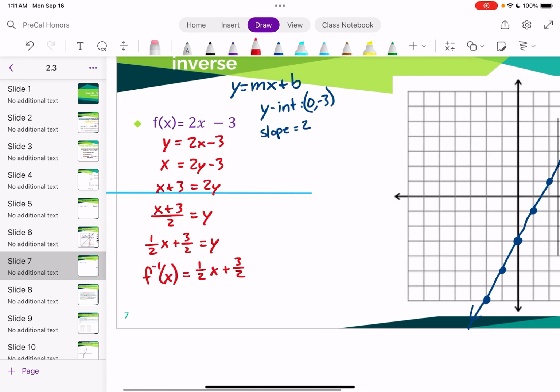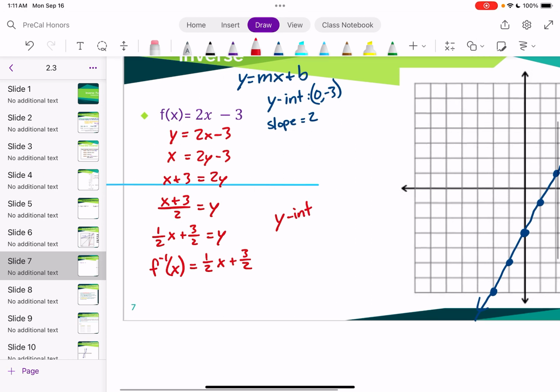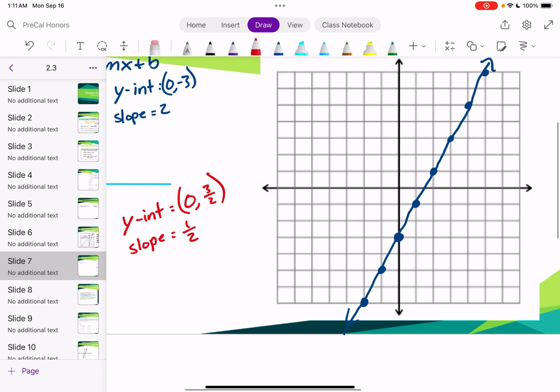Let's go ahead and find the y-intercept for our inverse function, which is 0, 3 over 2, and our slope, which would be 1 over 2. 0, 3 over 2, which is the same as 0, 1.5, would initially be plotted there. We are going to go up 1 over 2. Up 1 over 2.